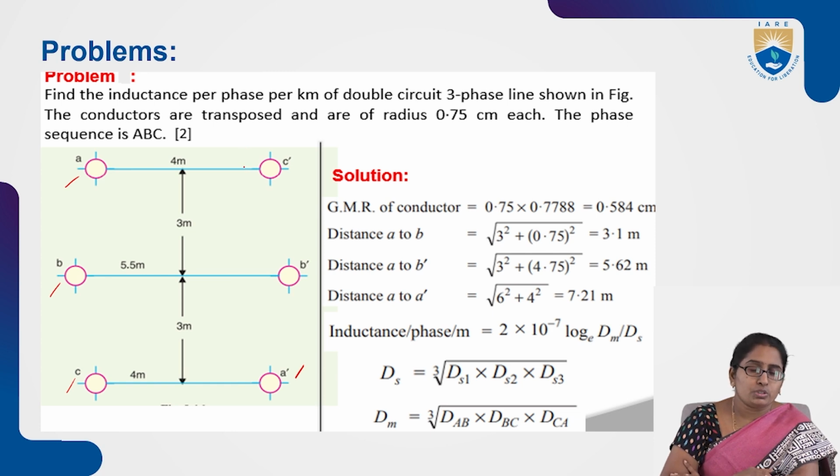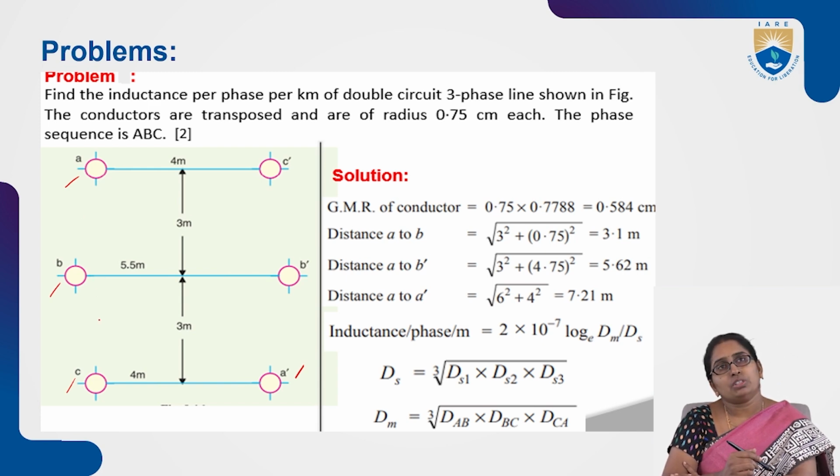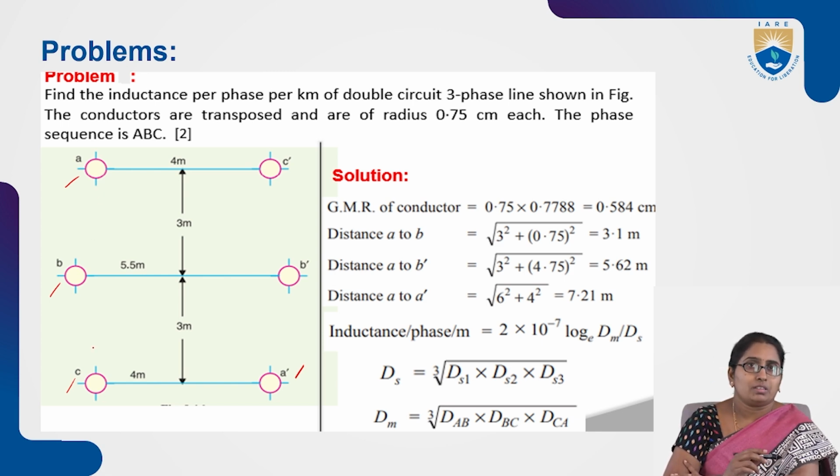This is position 1. It is a transposed line, so in the next position the positions of A B C will change, as we saw in the last lecture. That is the second position. In the third position, the positions of the conductors change again.